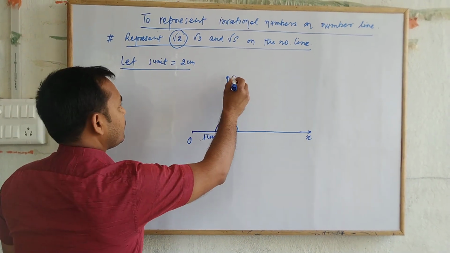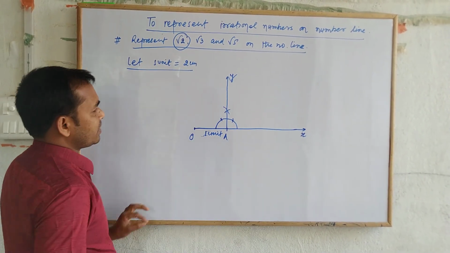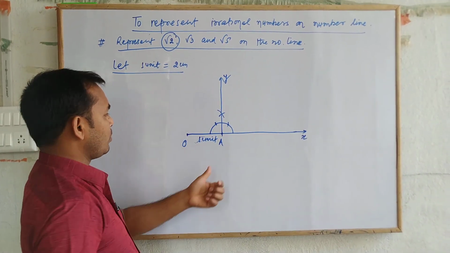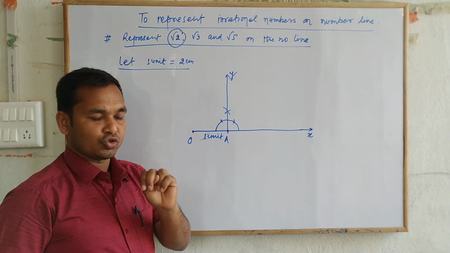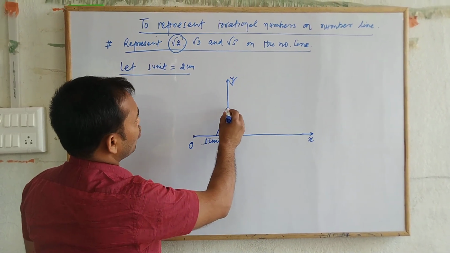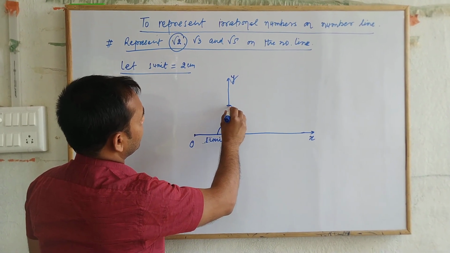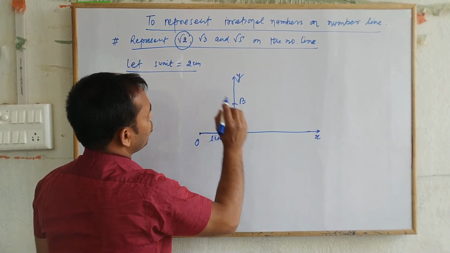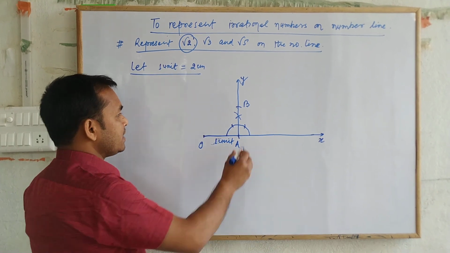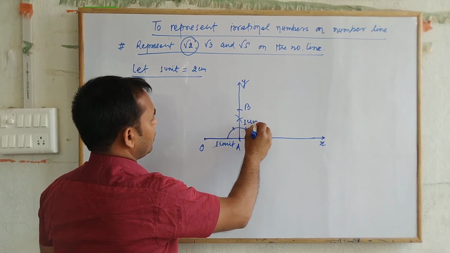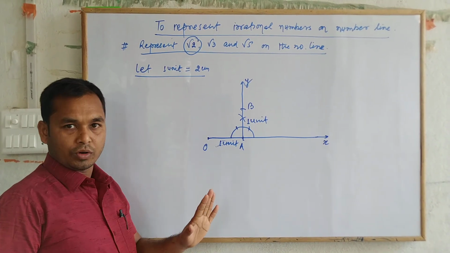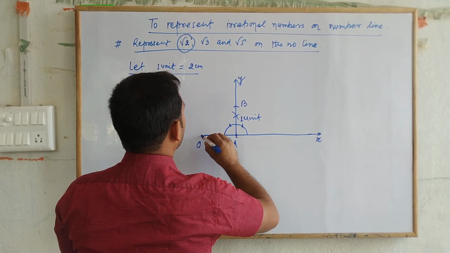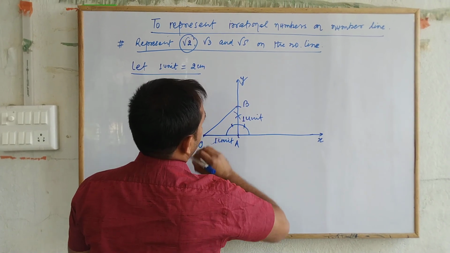We can name this ray AY, and again from point A take a compass of 2 centimeter, equal to 1 unit, and name this point B. This is equal to 1 unit.